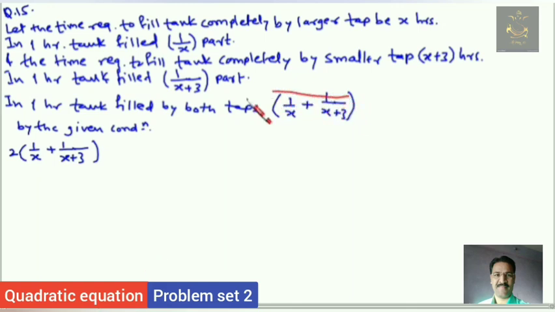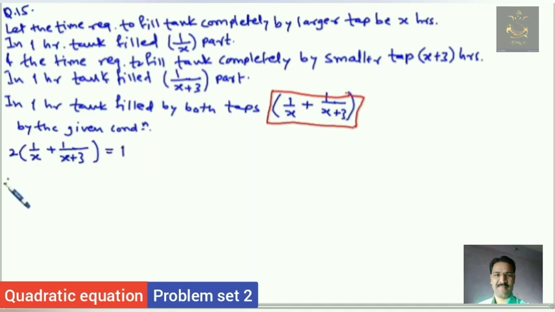By both taps the tank filled this much in 1 hour, so in 2 hours, into 2, the tank is filled completely. That is 1 tank. Now if we simplify, we can find the value of x.